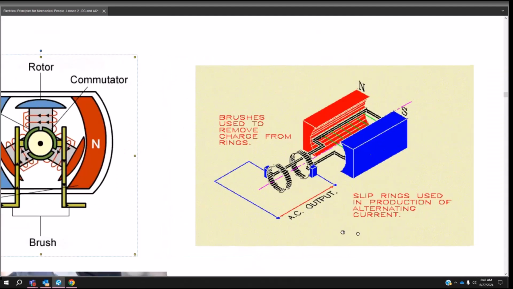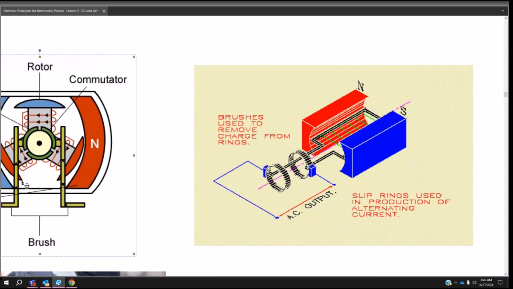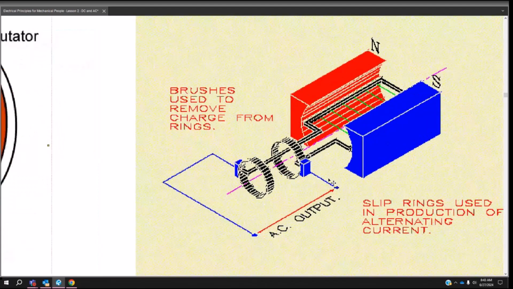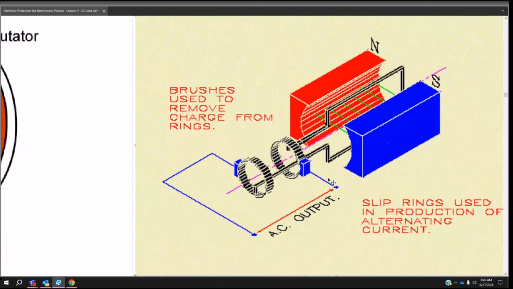All right. Cool. This same concept, instead of having this type of rotor where it's got to sit there and switch back and forth, automatically happens in an AC circuit.